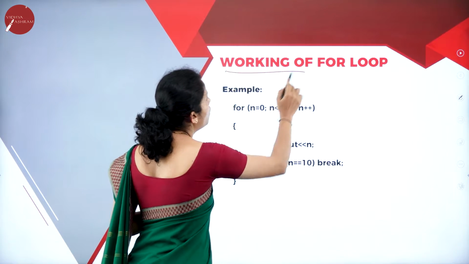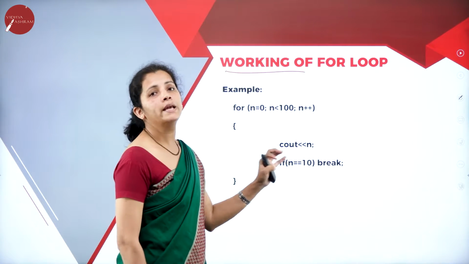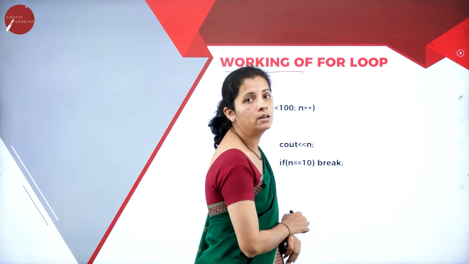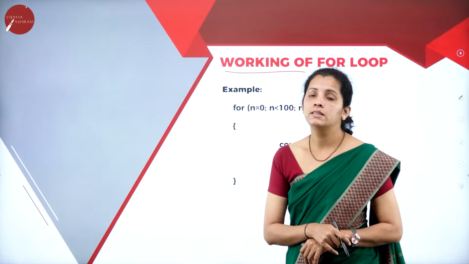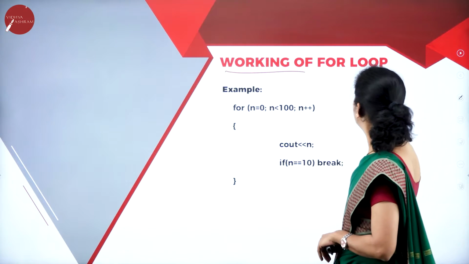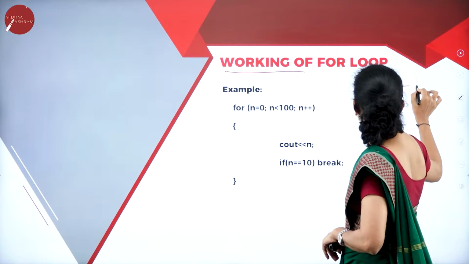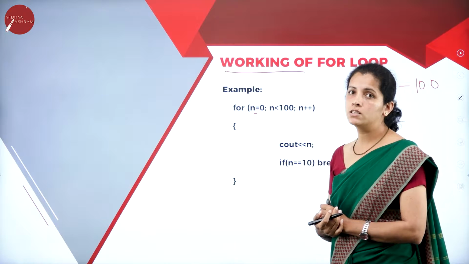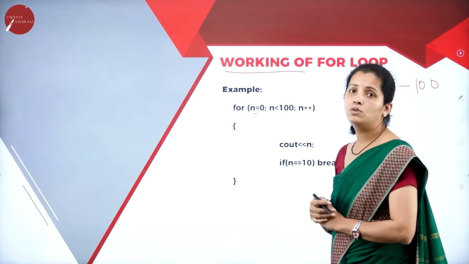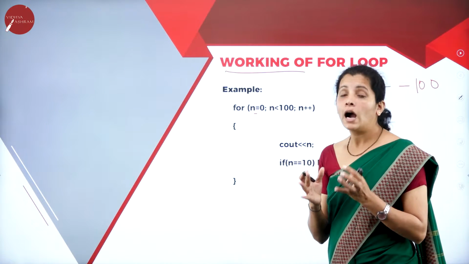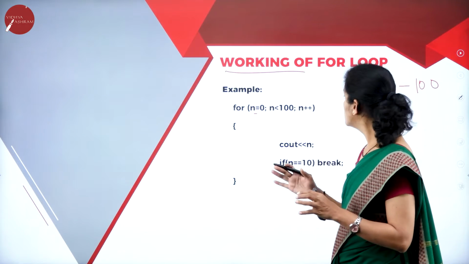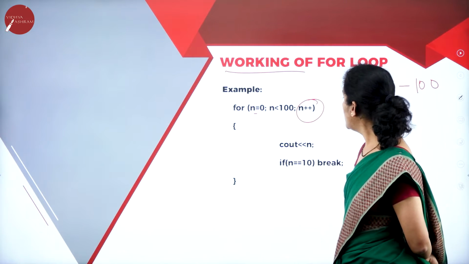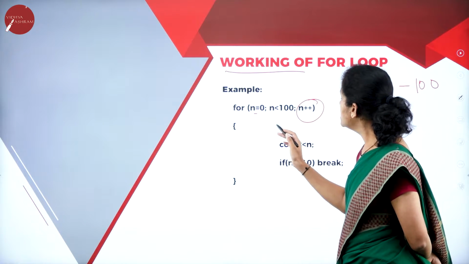Now, this is the example for the break statement. So, working of for loop with break statement. Think that I want to print n natural numbers, that is nothing but 0 to 100. So, what is the n value here? That is nothing but 0. And when I reach 100, I want to stop. Then each time I'm going to increment n by 1. Now, see here.